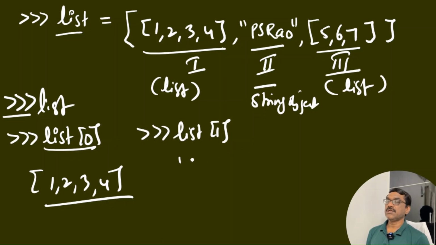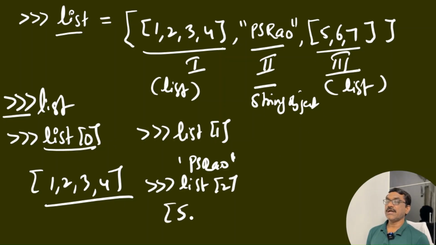We are going to get, in single quotes, ps raw. This is the string object. A string object is enclosed in single quotes. Now when we say list of 2, we are going to get the third data item, that is nothing but 5, 6, 7, again itself a list. This is the way of accessing the elements of a two-dimensional list.